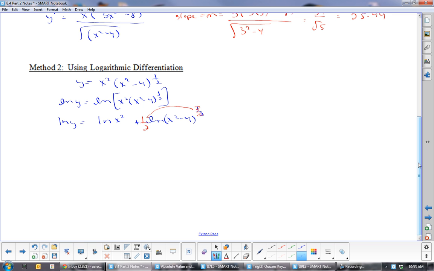I'm just going to write this here: d over dx of ln u equals 1 over u times du over dx. So ln y would be 1 over y times y prime, because that's implicit. You're doing it to x, so that would be dy over dx, equals 1 over x squared times the derivative of that.